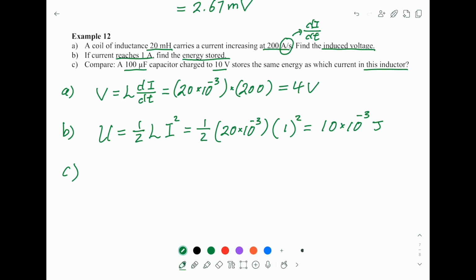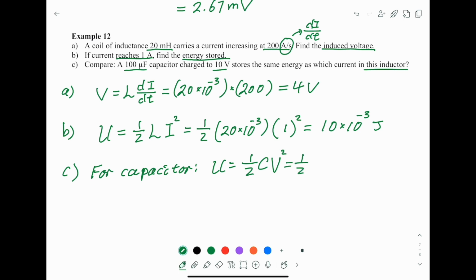When the capacitor is charged to 10 volts, the energy is half C V squared. So this is half, and this is 100 times 10 to the minus 6, and this is 10 squared. So this is equal to 0.005 joule.